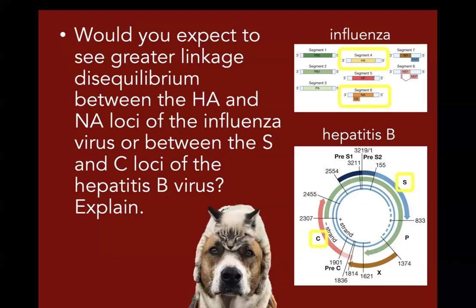So how are you supposed to have recombination when you just got one circle? That's right. So you would expect to see more recombination in influenza between the HA and the NA than you would in hepatitis B between the C and the S. All right, good job, everyone.